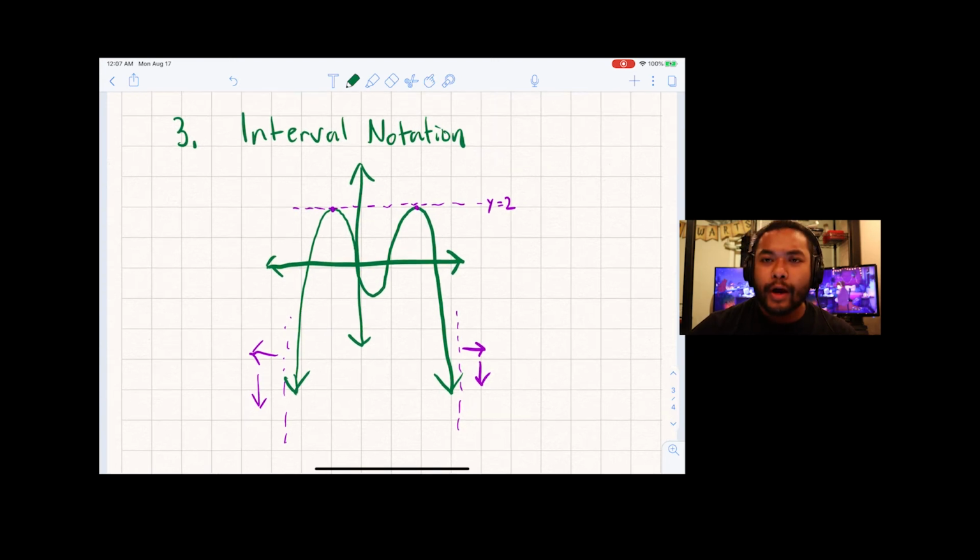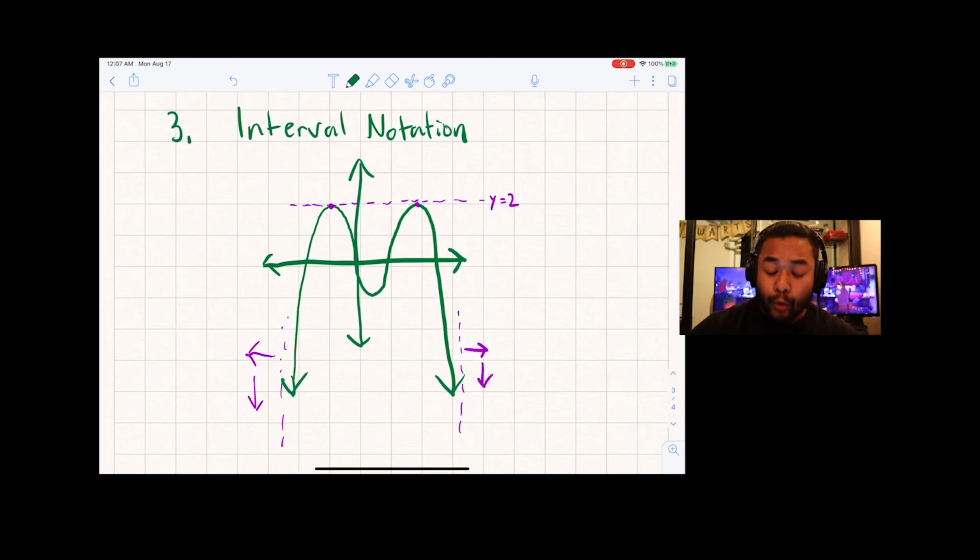So I've looked at the graph, and let's try interval notation. First, in words, I would say, is it continuous? Is it discrete? It is continuous, so I should start my words with all real numbers. If I'm talking about domain, if it keeps going left and keeps going right, then it's just all real numbers.